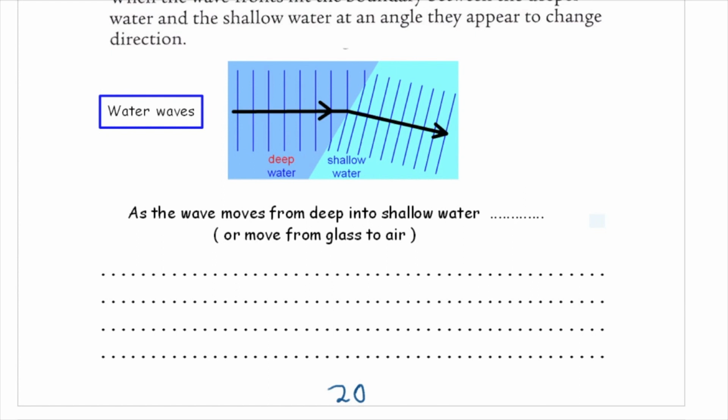So what you need to include is that there's a change of direction that's called refraction. You've got to say why that happens, and it's because the water slows down. So complete that and then press play when you've completed your answer at the bottom of page 20.